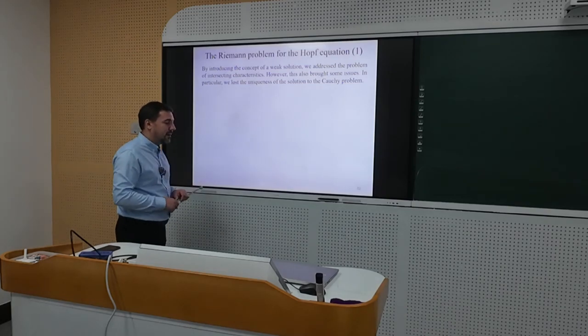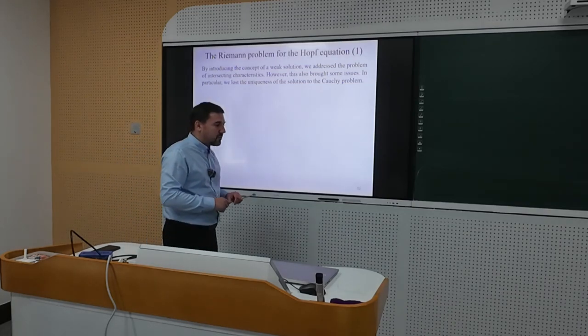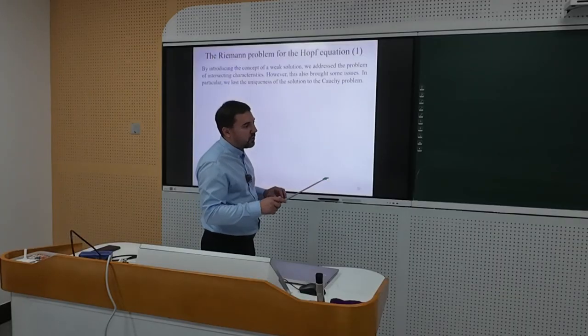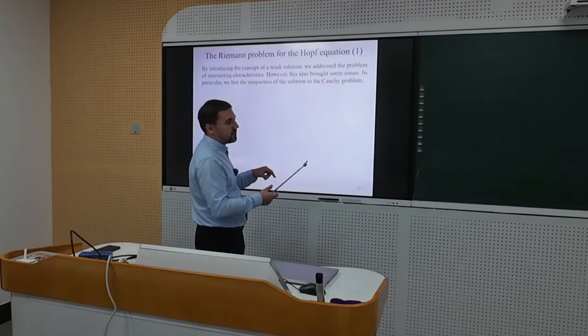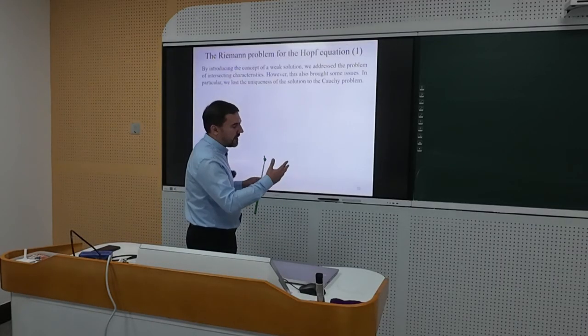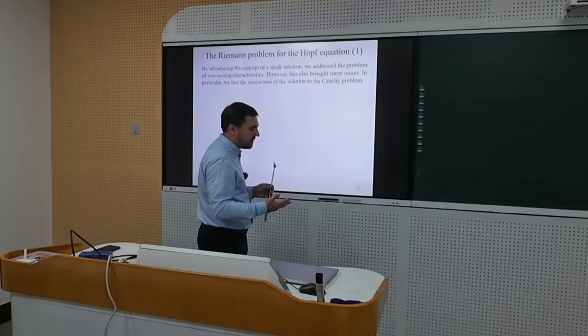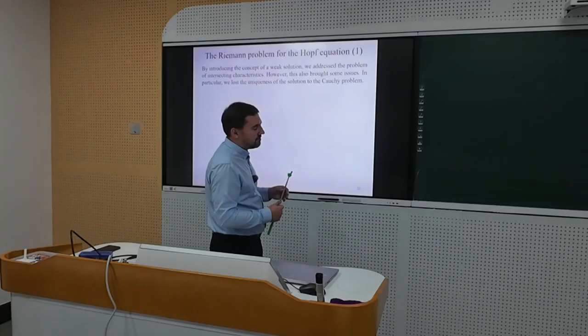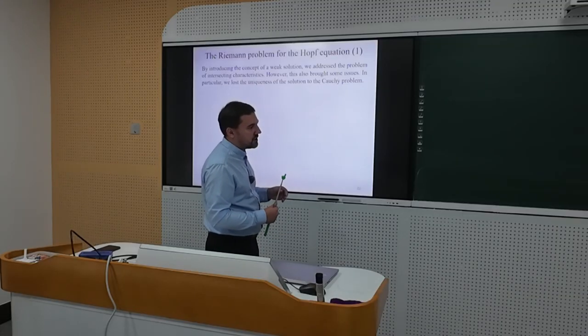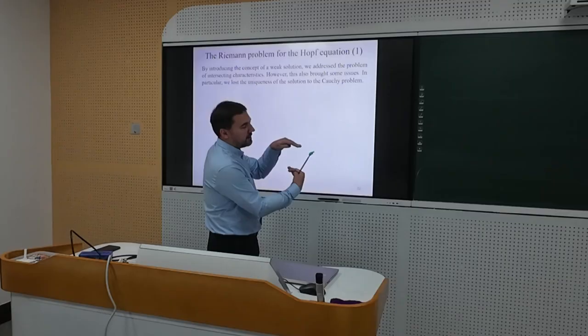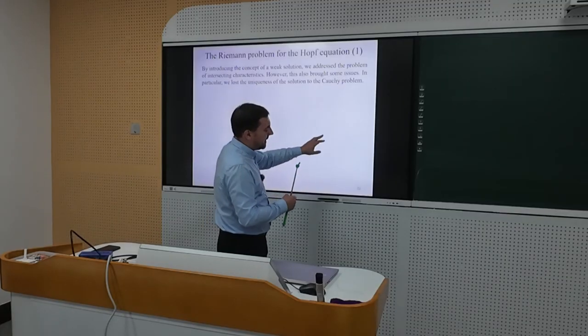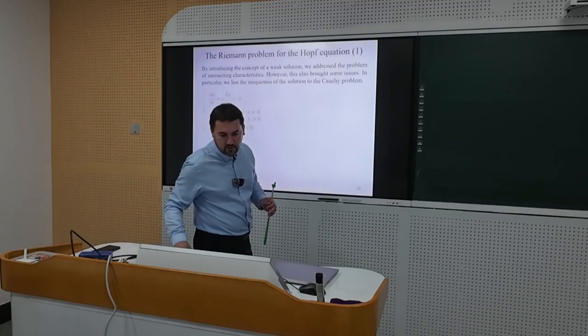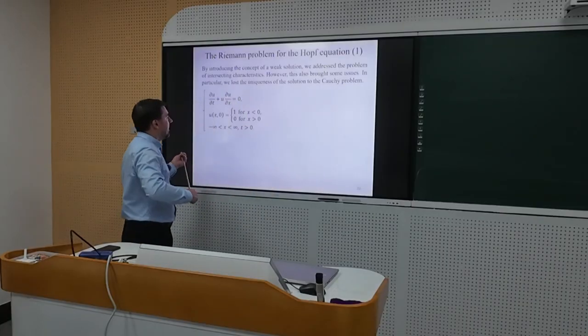What is the Riemann problem? The Riemann problem is a piecewise constant Cauchy problem for a hyperbolic problem. So if you have one equation, a scalar conservation law, or a system of equations of hyperbolic type, we can solve the initial value problem with a discontinuity in the initial data. Suppose that x equals 0, for example.